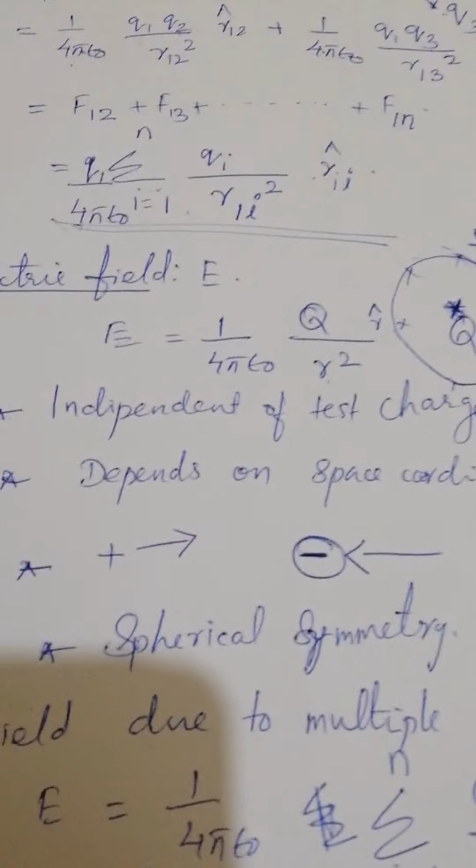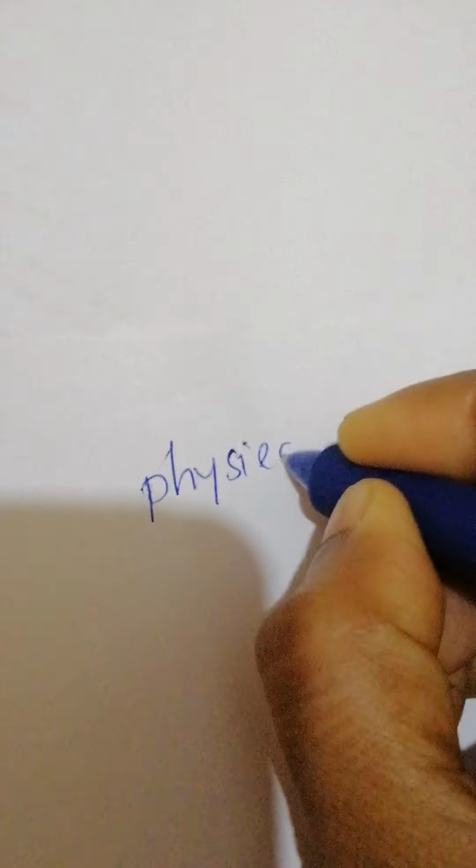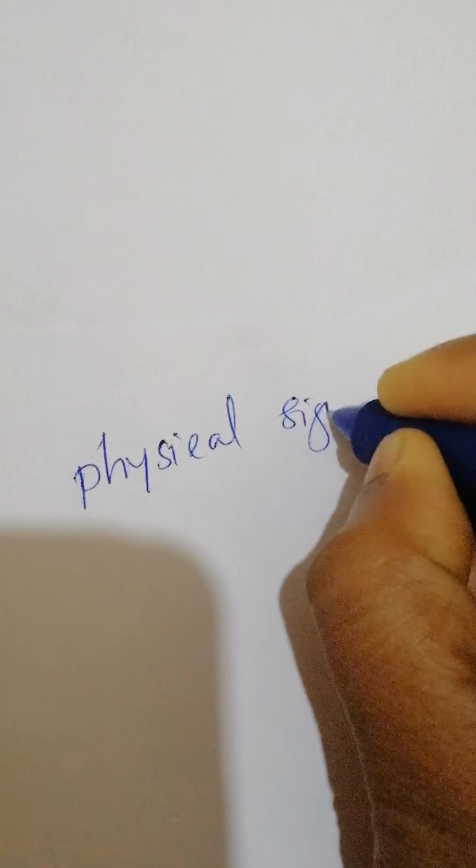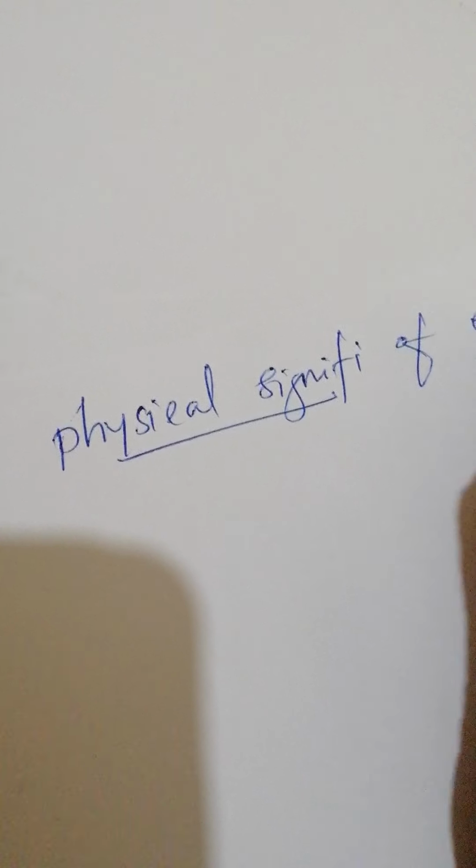Next, what is the physical significance of electric field? Let us see. When we consider an electric field, always electric field is associated with magnetic field.